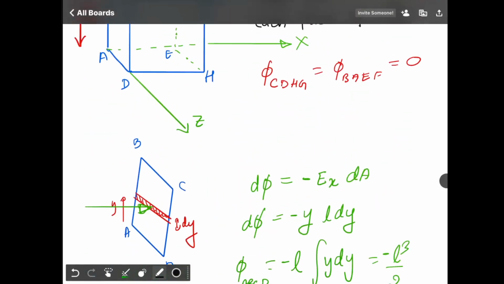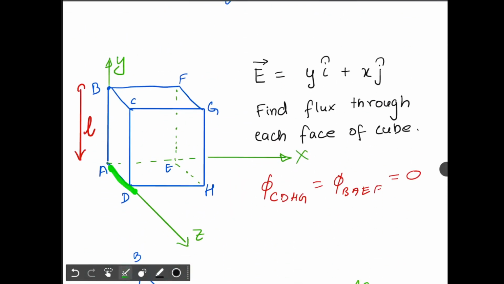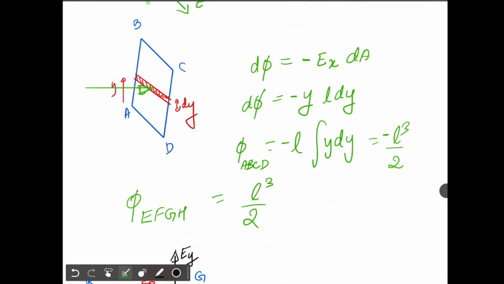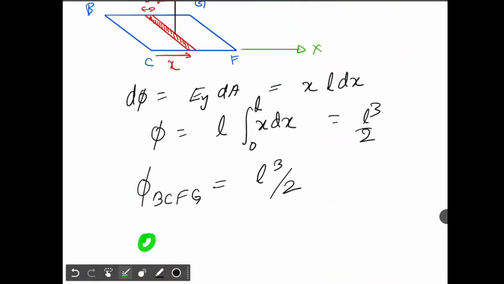Now talking about the bottom face, ADHE. Field is going inwards. These two faces have identical field configuration, but here field is coming out of the box, here field is going into the box. So negative flux, ADHE. So we can write down flux through ADHE will be minus L cube by 2. Hence, all the six faces have been solved.